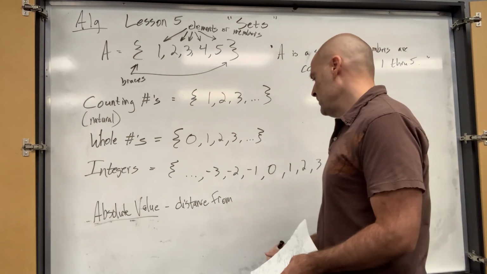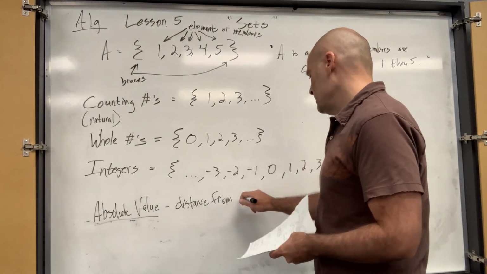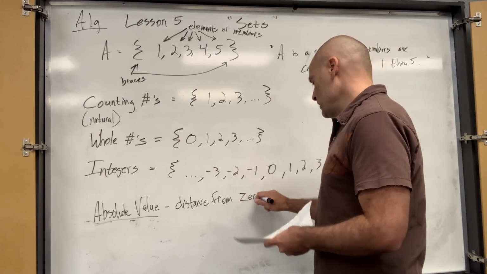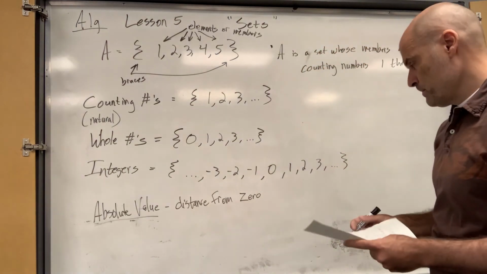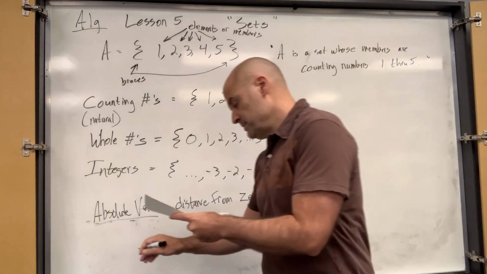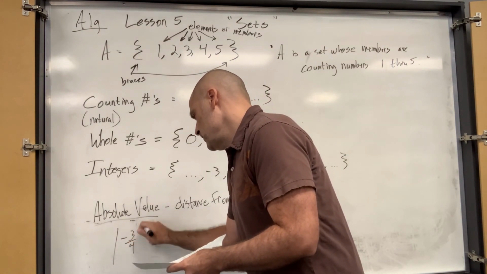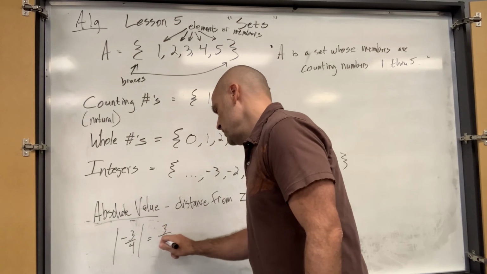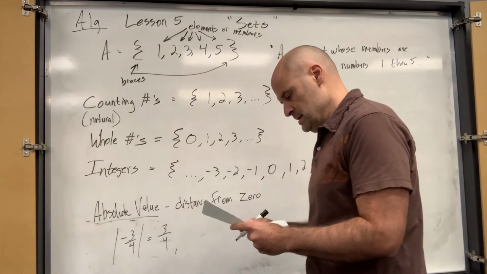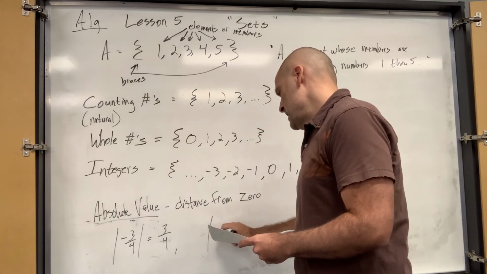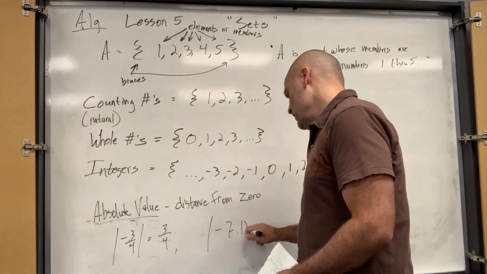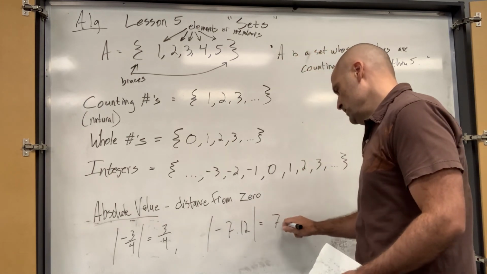If it's negative, then make it positive. So this is distance from 0, or the origin. So for example, absolute value of -3/4 is just 3/4. Take away the sign. Absolute value of negative 7.12 is 7.12.